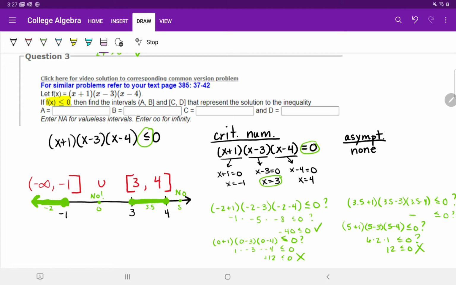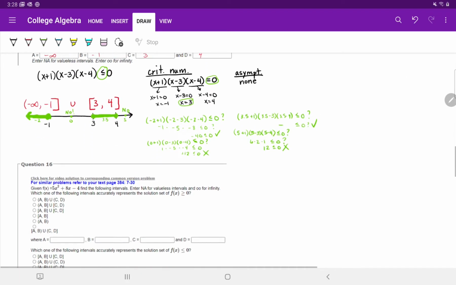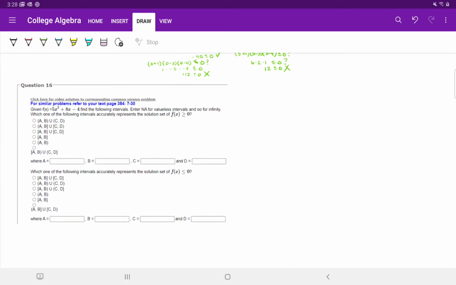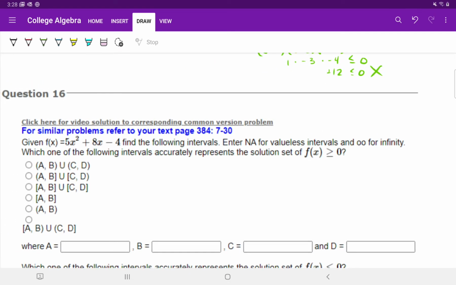So we just needed to figure out what A, B, C, and D were. So A is -infinity, B is -1, C is 3, and D is 4. They're just asking us to list them left to right. These are tedious problems that require a lot of calculation, but your calculator is your best friend on these. They can save you tons of time.